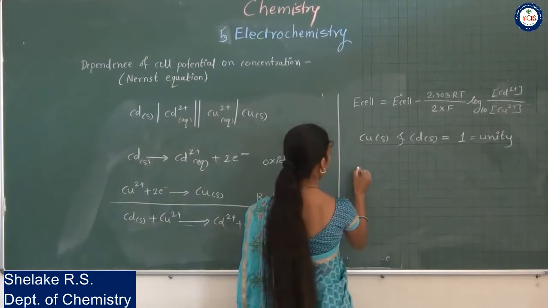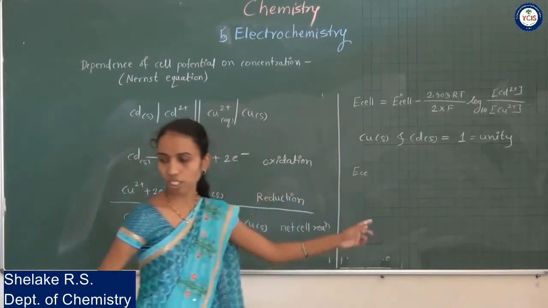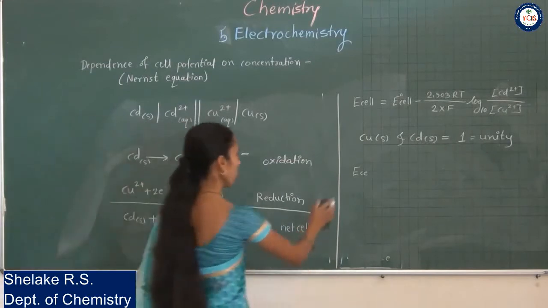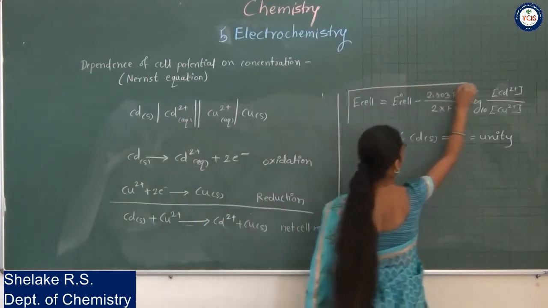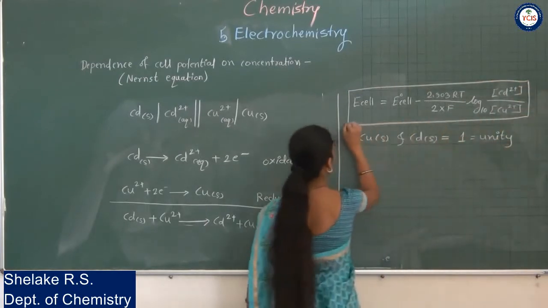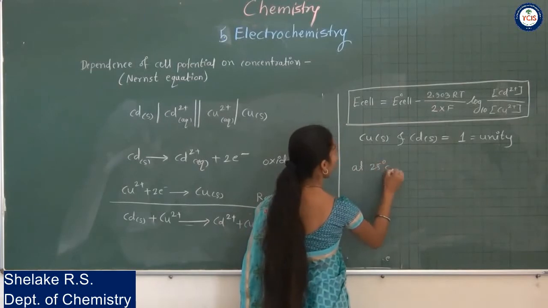So we write here E cell. Now, this is the formula for the cell. Now at 25 degrees Celsius, what will be the value?